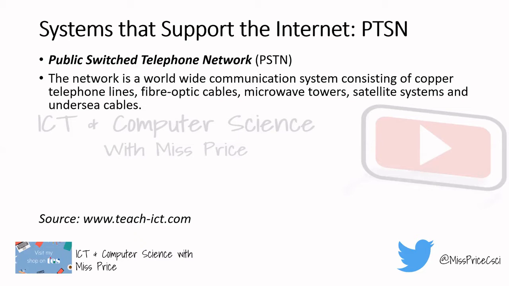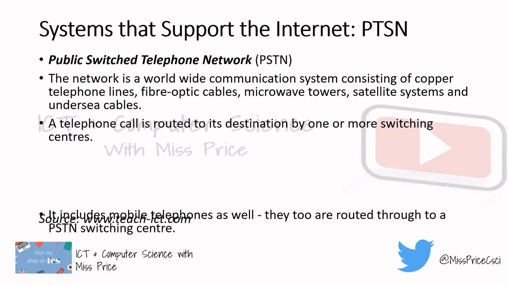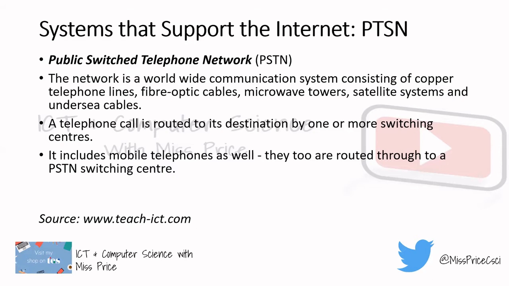But also now, due to how technology has evolved, they include fibre optic cables, microwave towers, satellite systems, and under-the-sea cables. So the telephone call is routed to its destination by one or more switching centres. And this will include mobile telephones as well, as they are routed through a PSTN switching centre.